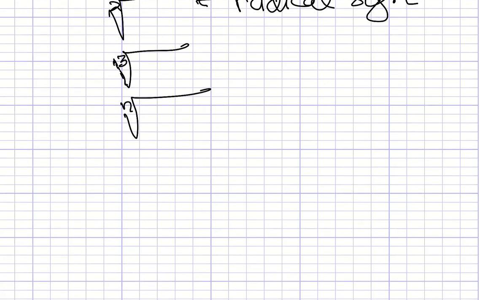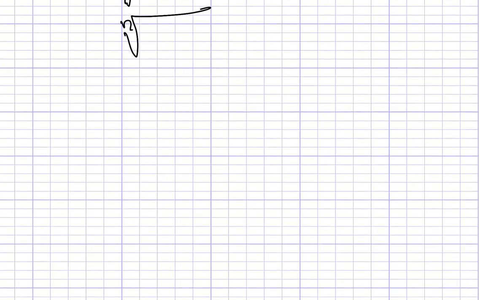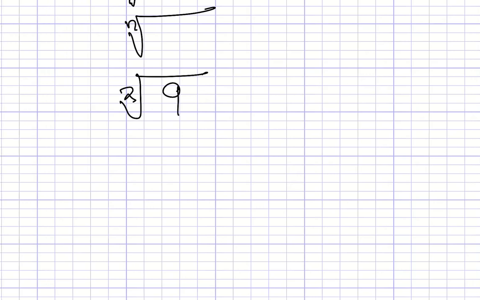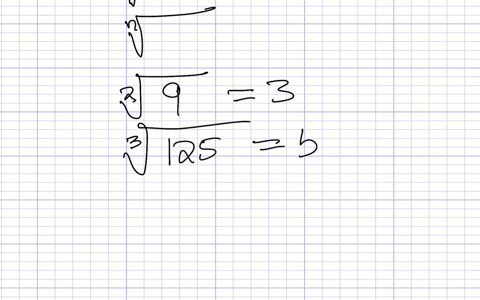Let me give you a couple of examples. Note that if you put 9 inside the square root symbol, you get 3. And if you write cube root and put 125 inside there, you get back 5.